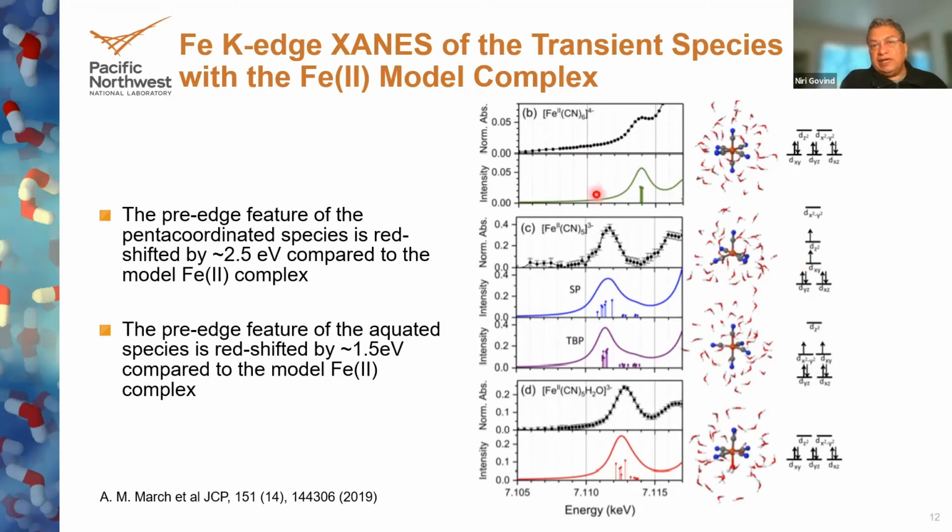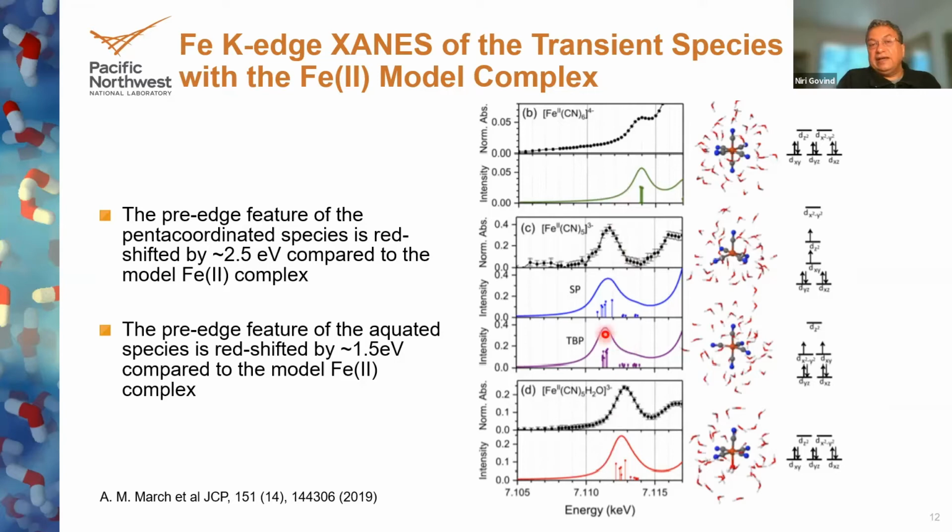On the top here, I show you the ground state model complex with this B feature that I told you about, because there was only one excitation from the 1s to the EG orbitals. The subsequent panels are the transient species that you encounter in this photoaquation process. And you note that there is an overall redshift of about 2.5 eV away from this reference compound once you go into this five-fold coordinated system, which is borne out by theory.